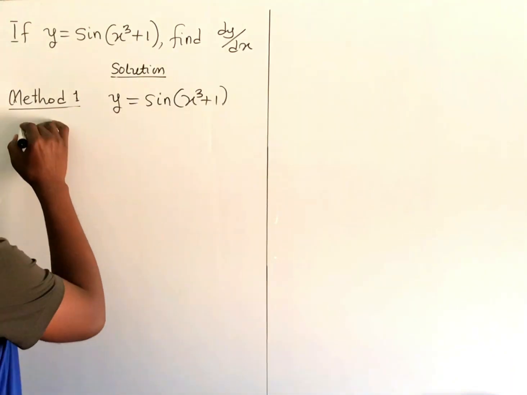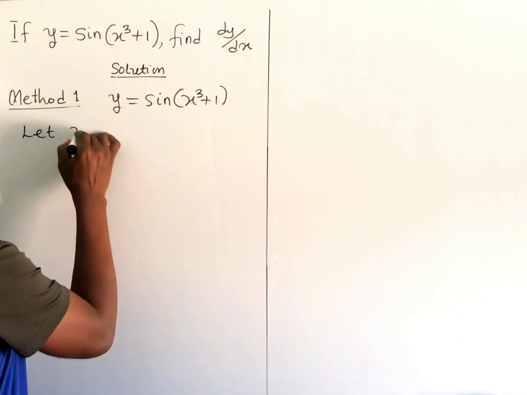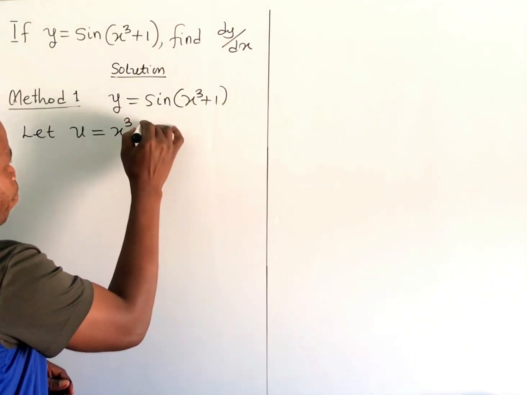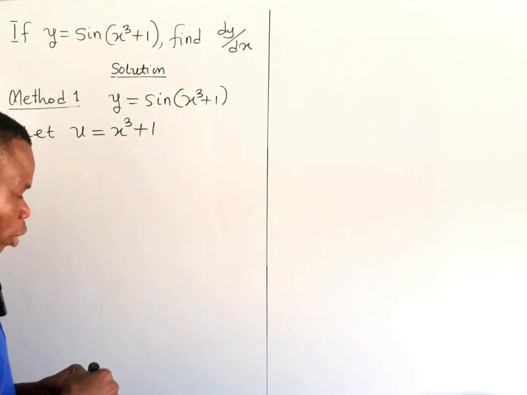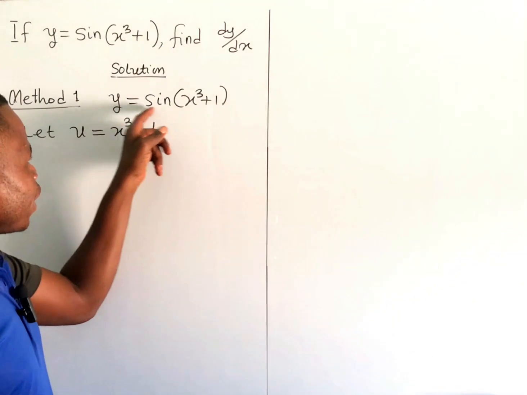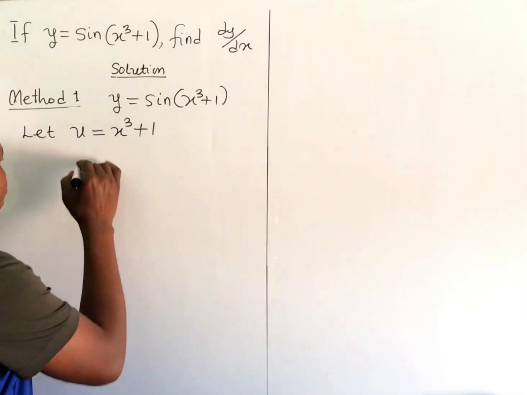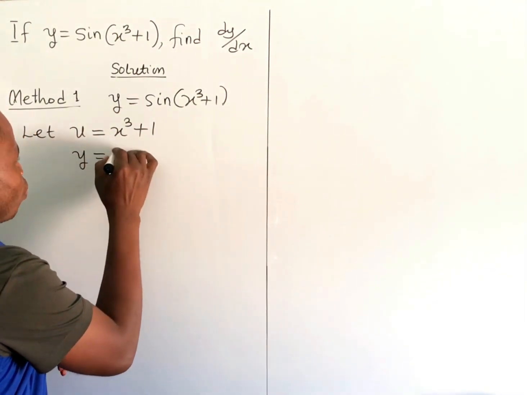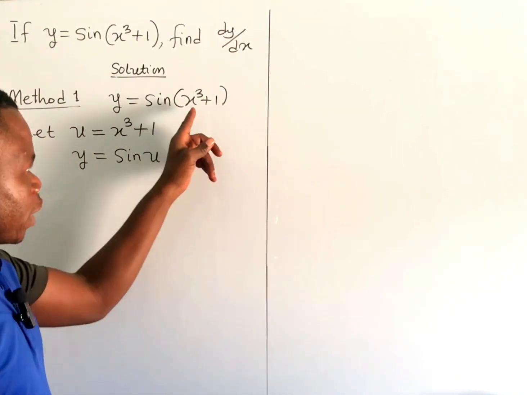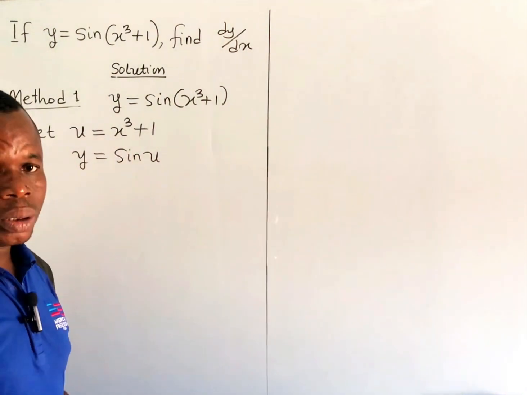So that means I will say let u be equal to x cubed plus 1. So if u is equal to x cubed plus 1, then we can rewrite this equation by saying that y is equal to sine u, because x cubed plus 1 is u.